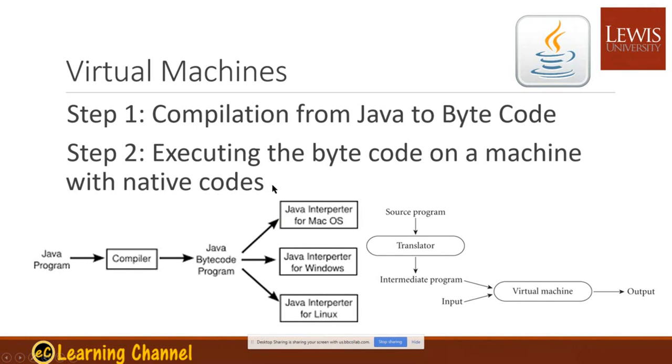So the bytecode actually helps Java become platform independent. It doesn't depend on any platform. So this is called the hybrid model that translates from source code to intermediate code or bytecode and then goes into the virtual machine.